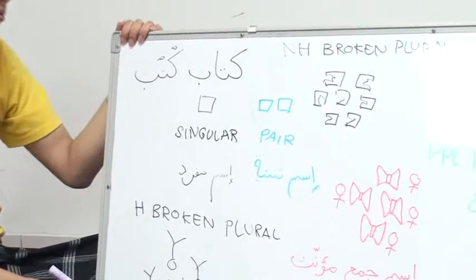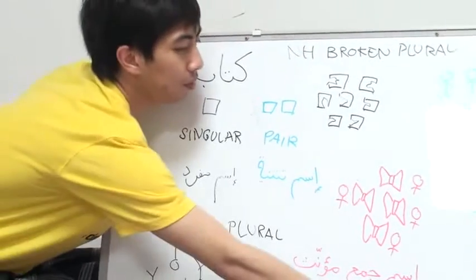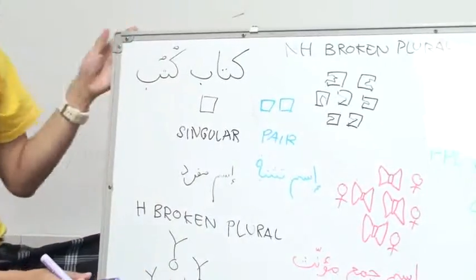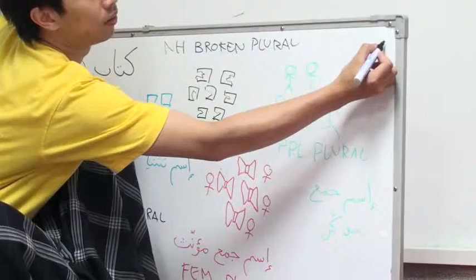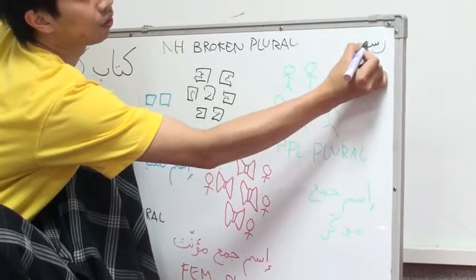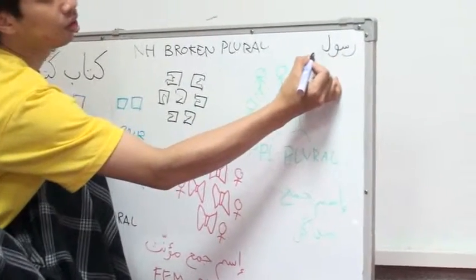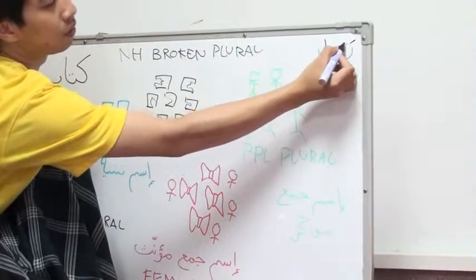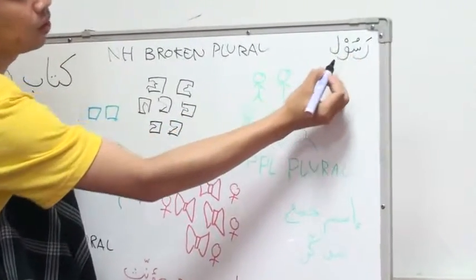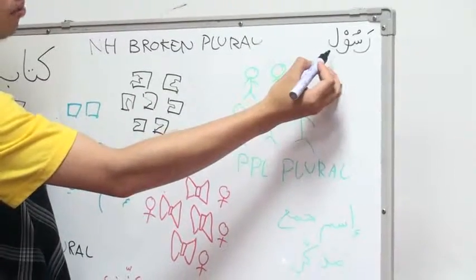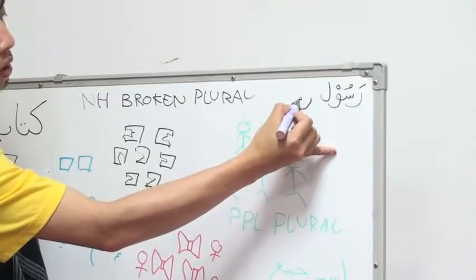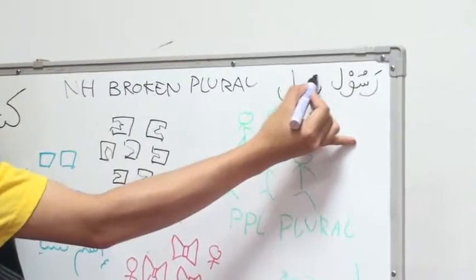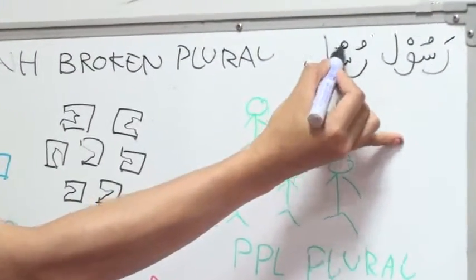Another example. Rasul, rasulan, rasulin. What is the broken plural for this, the jama' taksir? Rusulun, rusulan, rusulin. Okay?